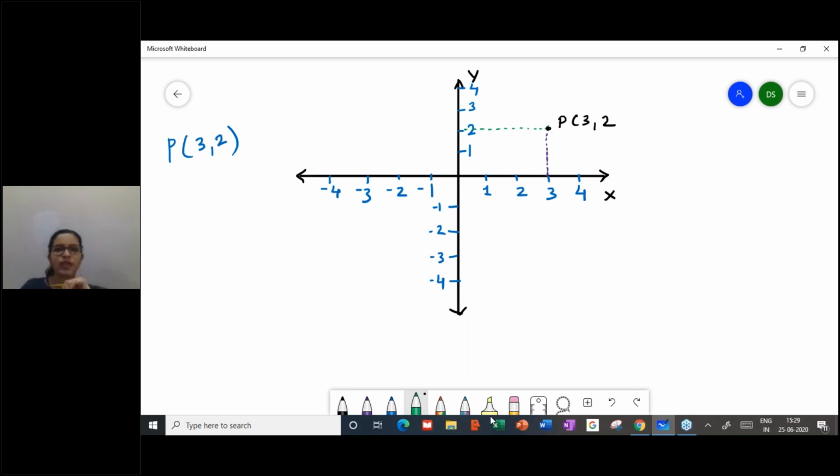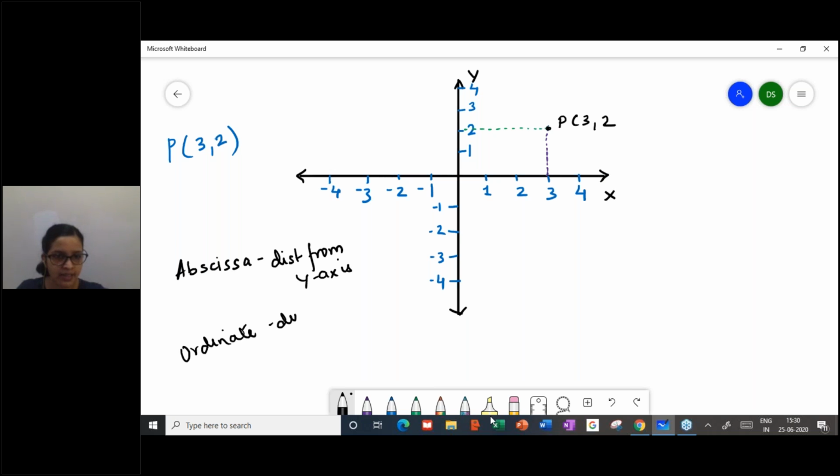Now I'll just write it here again. Abscissa is nothing but the distance from the y-axis, and ordinate is the distance from the x-axis, as per definition.